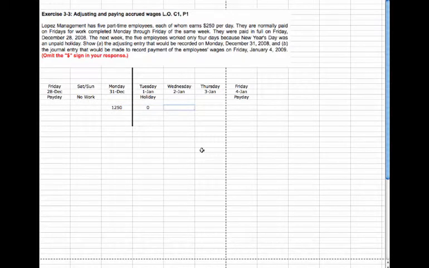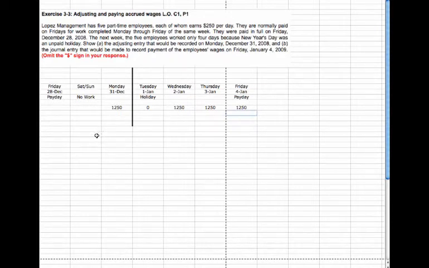They're going to get $1,250 for Wednesday, $1,250 for Thursday, and $1,250 for Friday. Now notice we need to make 2 journal entries. One journal entry to recognize the salaries expense for one year, and then the salaries expense for the other year, plus the payment they made on Friday, January 4th.